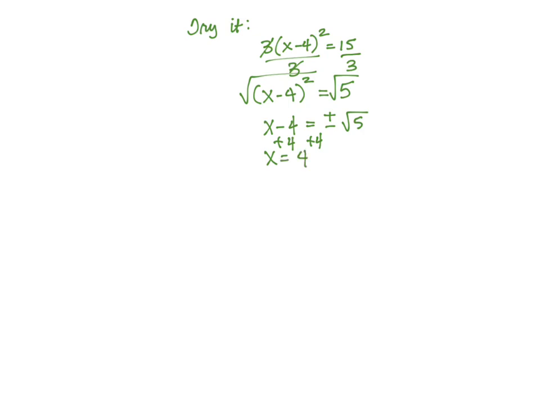So these 4's canceled. We got x by itself. x is equal to 4 plus or minus the square root of 5. That's our answer.